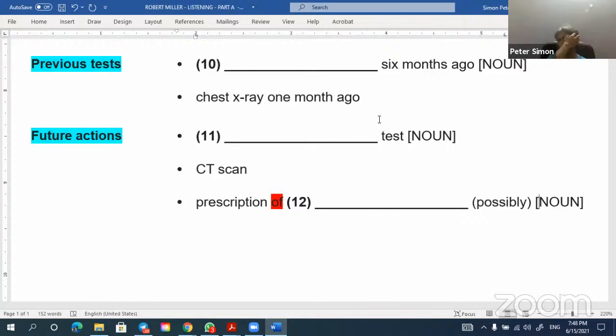Okay. You can take any test, by the way. Okay. Maybe blood test, urine test, sugar test, anything, maybe. Okay.